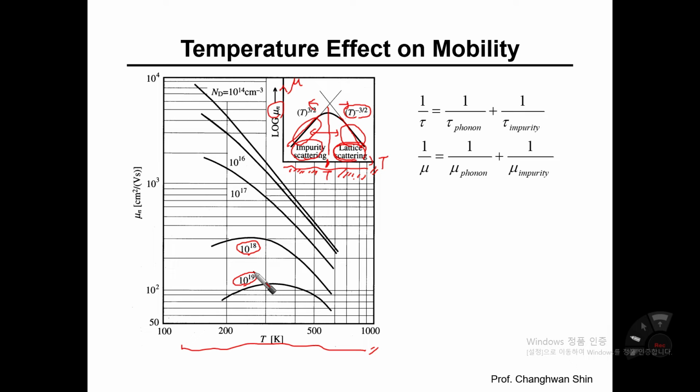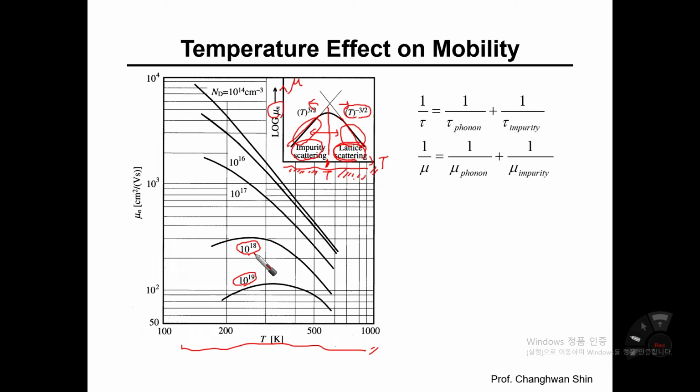There is some complicated, tricky number, but just ignore it. I ask you to remember 10 to the 18 per cubic centimeter. That is the key and critical doping concentration to say this is heavily doped or this is lightly doped.